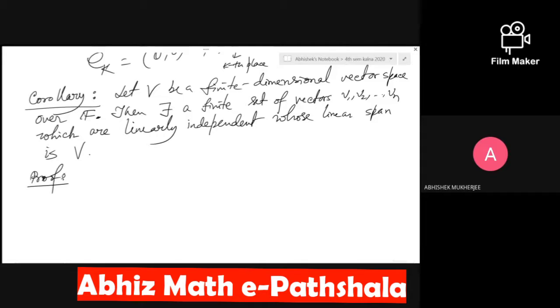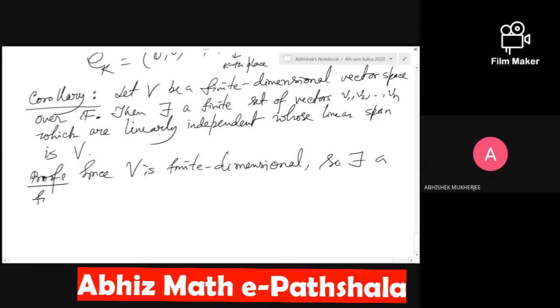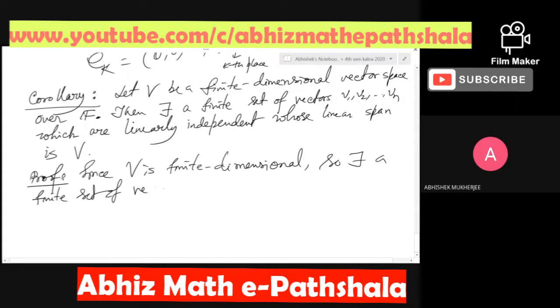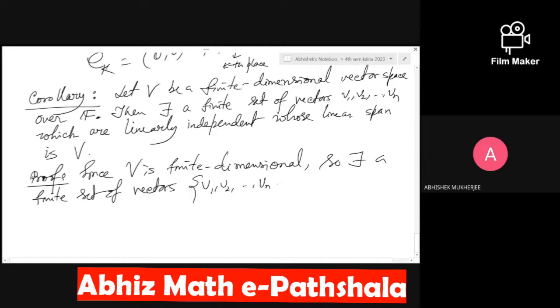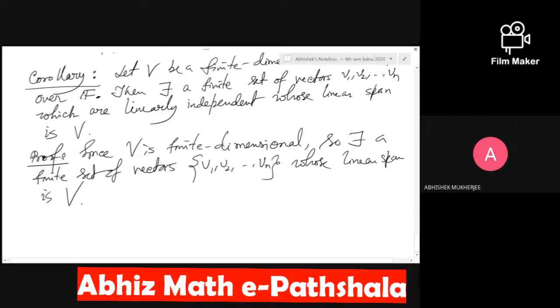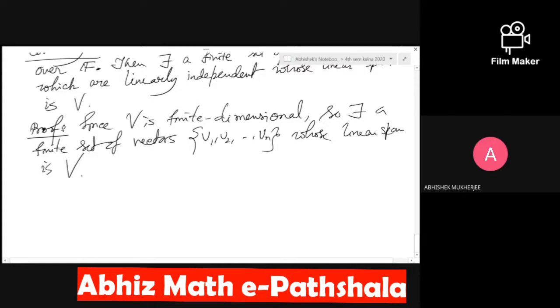Since V is finite dimensional, there exists a finite set of vectors, suppose v1, v2, vn, whose linear span is V. Now let us choose a non-zero vector vk out of these vectors.